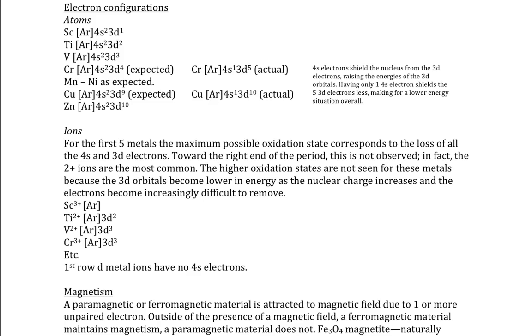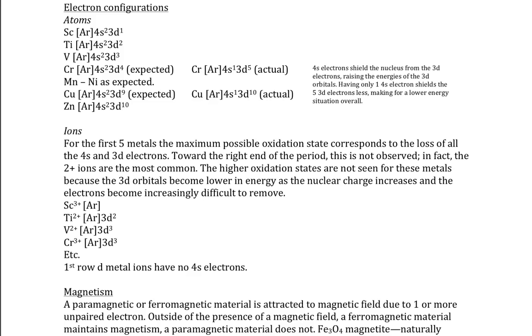The second 4s electron would rather be in the 3d atomic orbital energy-wise, and that's because 4s electrons shield the outer electrons very well. They shield the nucleus from the 3d electrons. And so what that means is those 3d electrons up there don't feel such a large pull to the nucleus, making them at a bit of a higher energy.